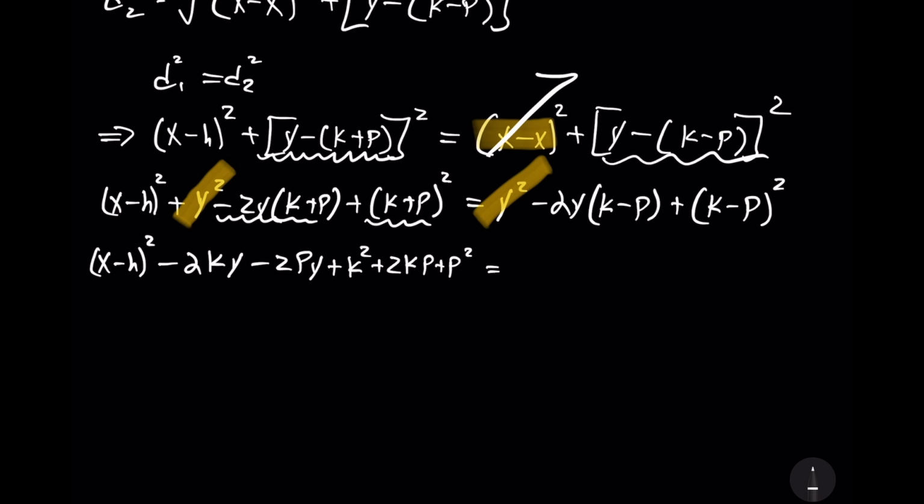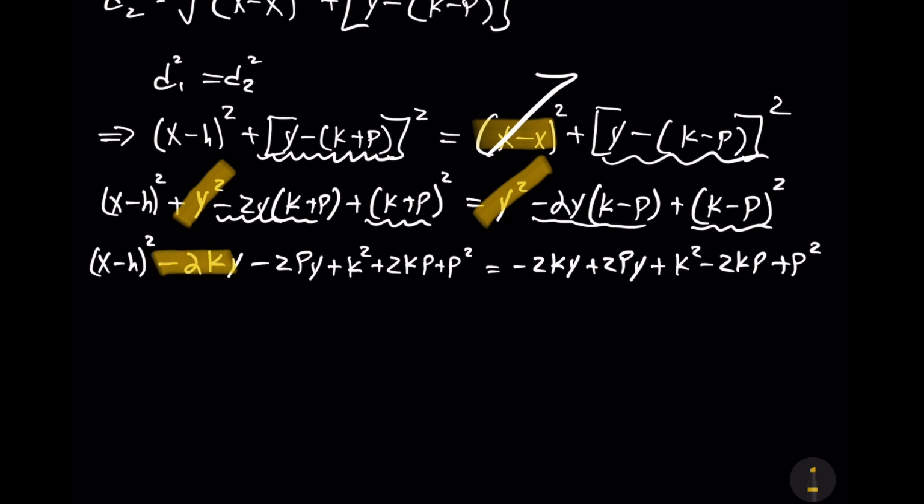Now let's do the right-hand side. Let's distribute that out. So we have minus 2ky plus 2py. Let's square that. Expand that out. Plus k squared minus 2kp plus p squared. Great. Let's see if we can simplify this. On the left-hand side we have this minus 2ky. On the right-hand side, we have this minus 2ky.